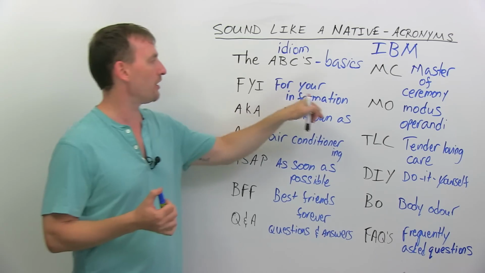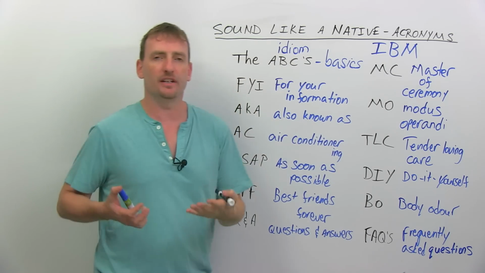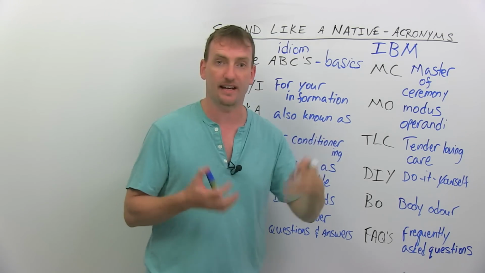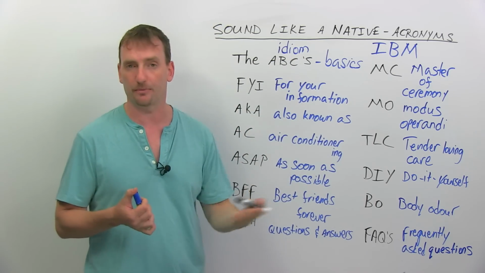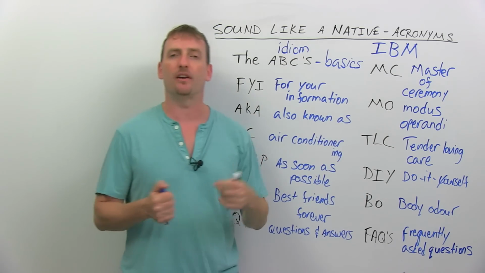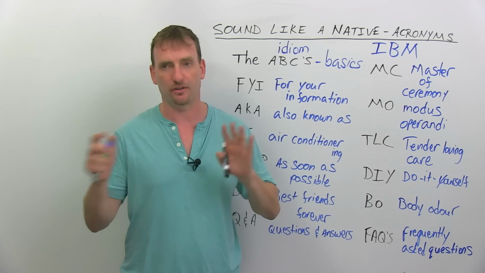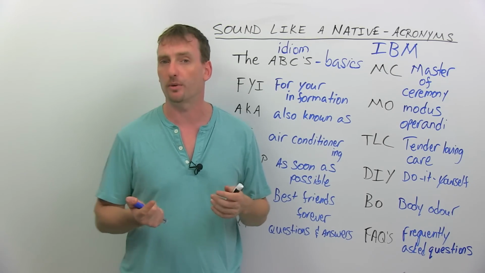FYI, for your information. So this is commonly used when you want somebody to understand something very important that's coming up. So in business, for example, somebody from head office is coming by tomorrow, and just FYI, they're coming to see who to promote to headquarters, right?